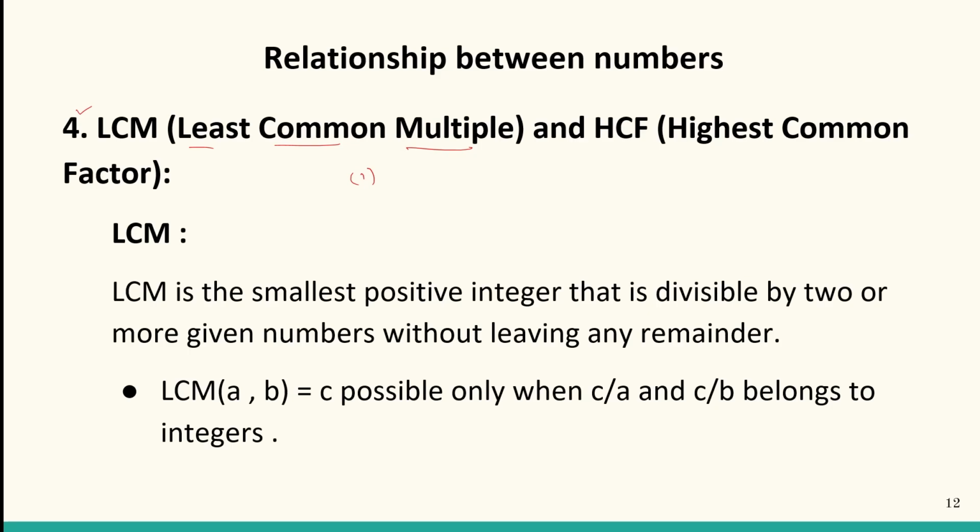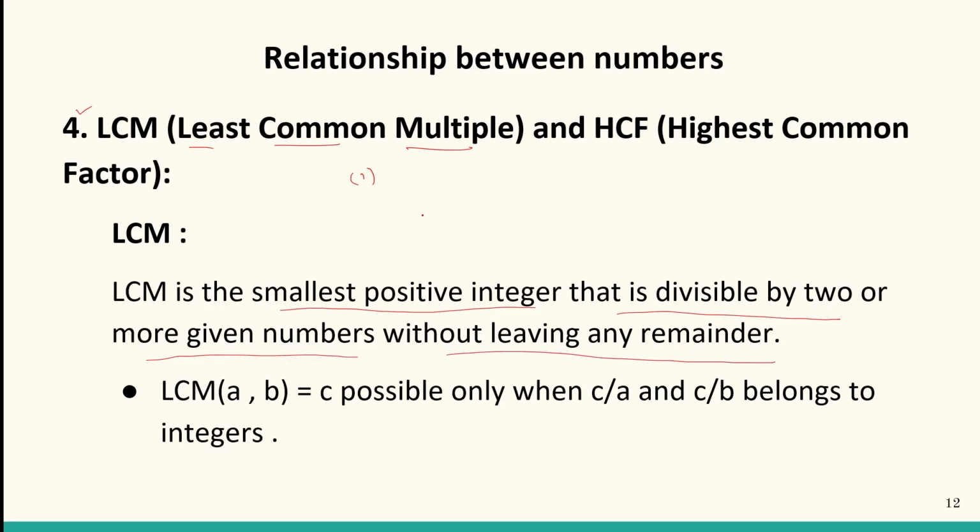LCM can't be found of a single number. So if you are trying to find LCM, then you need at least two numbers. So LCM is the smallest positive integer that is divisible by 2 or more given numbers without leaving any remainder.